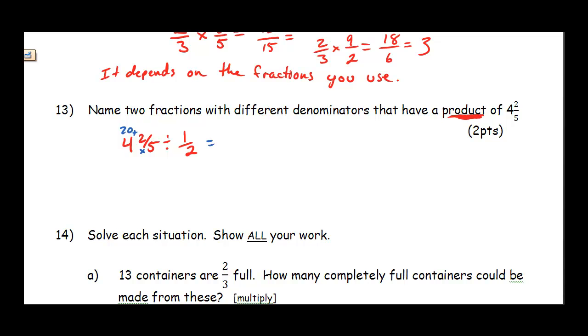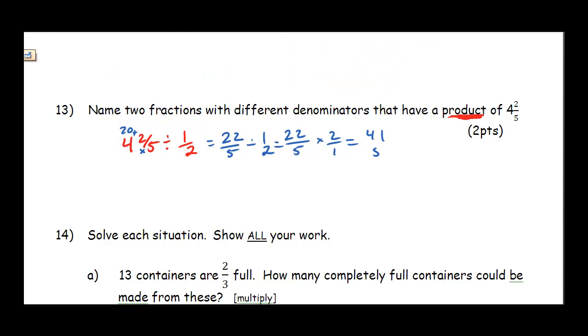So we have 22/5 divided by 1/2, which needs to be rewritten as 22/5 times 2 over 1. And then I multiply this. 22 times 2 is 44 over 5. And 5 goes into 44 8 times, so it equals 8 4/5.